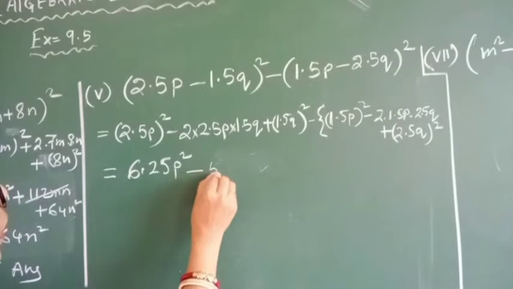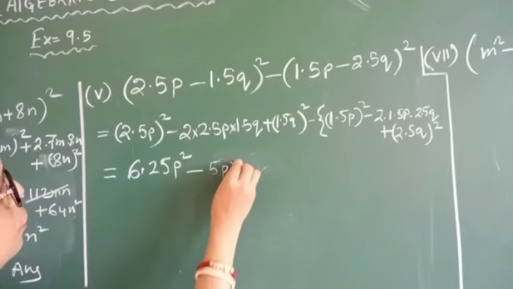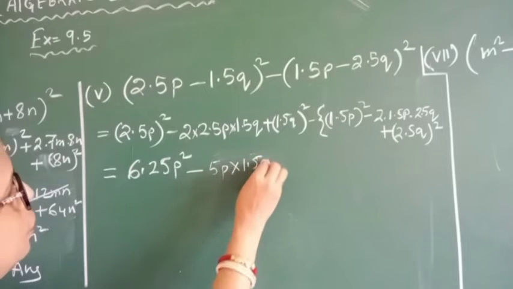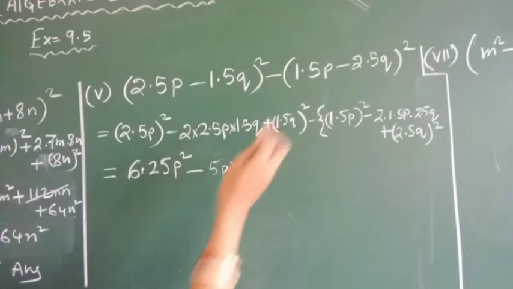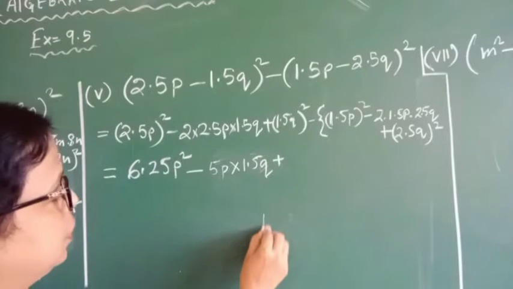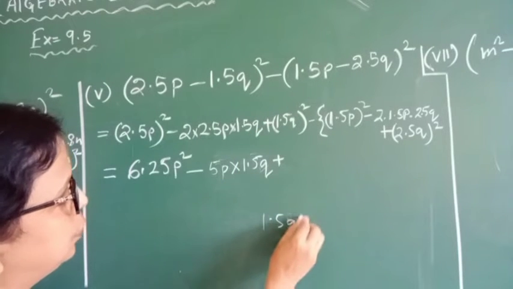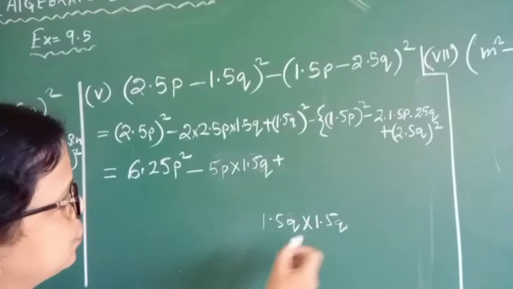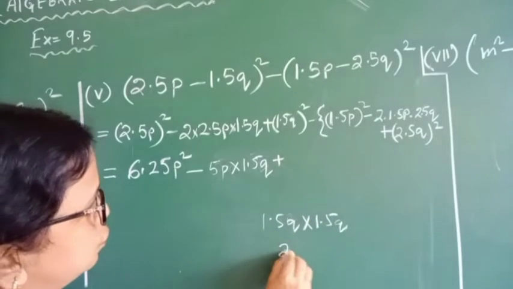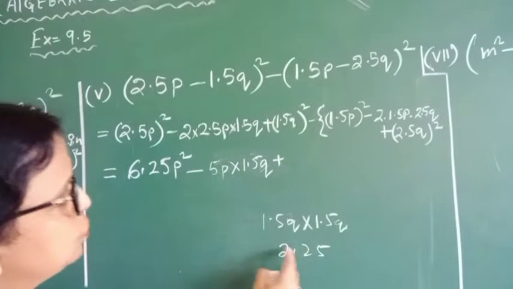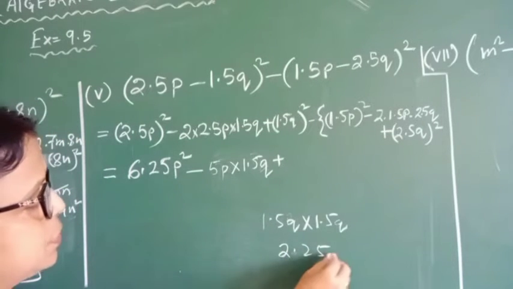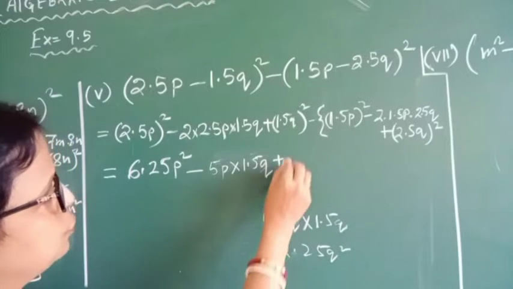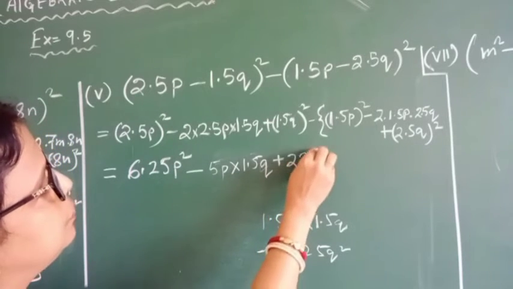So 5p into 1.5 q plus 1.5 q into 1.5 q, multiplying 1.5 into 1.5, q square. 15 into 15 is 225, point is there, so the result will be 2.25 q square.